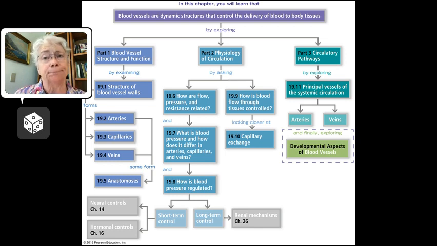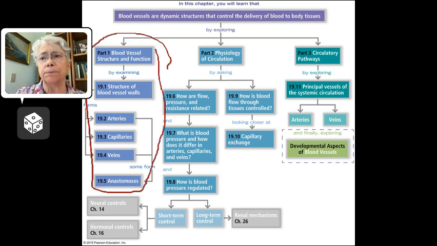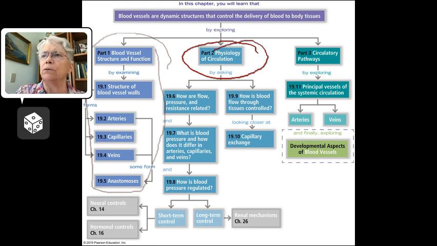That being said, here in Chapter 19, when we take a look at the blood vessels, we will look at the anatomy first. As usual, that's what we normally do with each chapter.